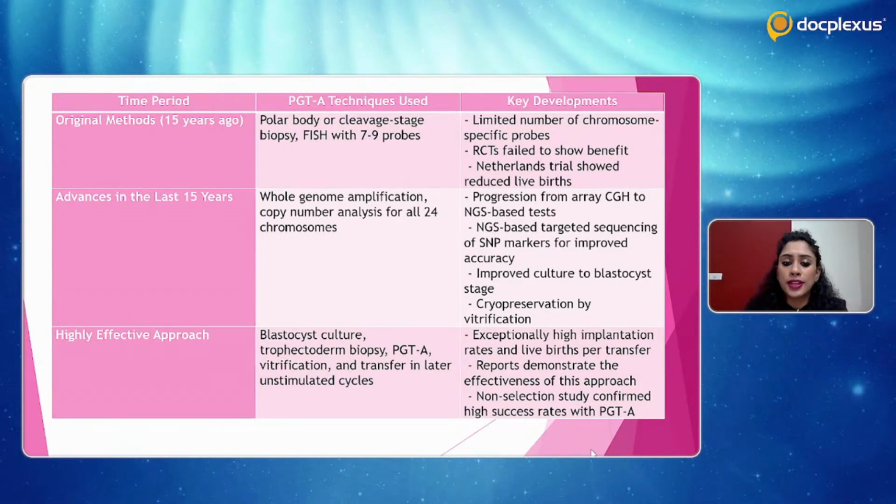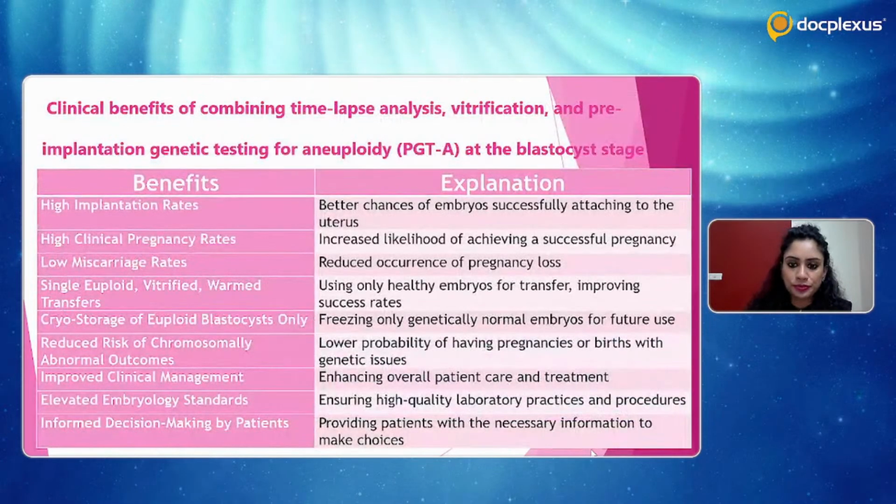The effective approaches of blastocyst culture, trophectoderm biopsy, PGTA, vitrification and transfer in later unstimulated cycles have been coming up. Exceptionally high implantation rates and live birth rates per transfer have been seen. Reports demonstrate the effectiveness of this approach, and a non-selection study did confirm high success rates with PGTA now.